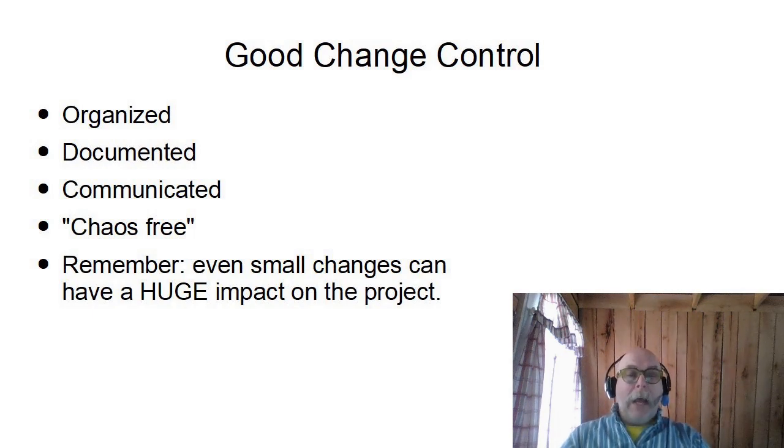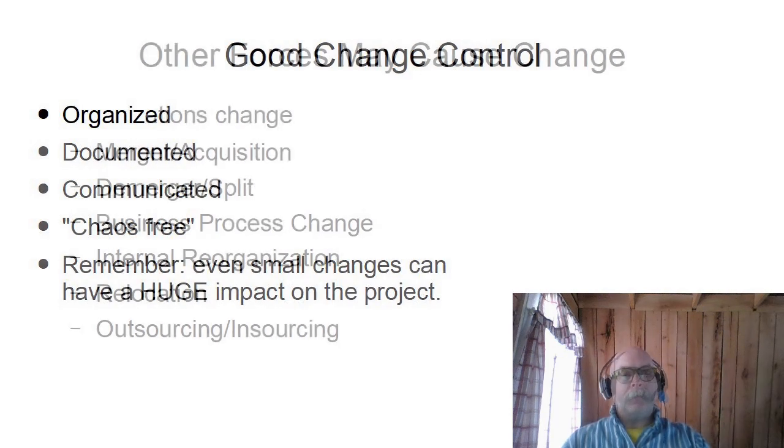If you're doing bad change control and changes are happening willy nilly and they're not being communicated, organized, documented, you're going to be creating all kinds of huge impacts on the project and creating chaos in everyone's life. Don't do that. Be organized, be documented, and communicate your changes. That way, the chaos is reduced and everybody gets it done that much easier.